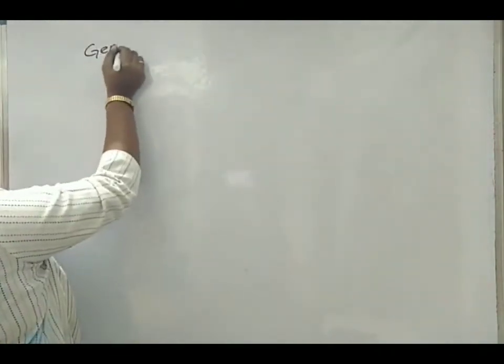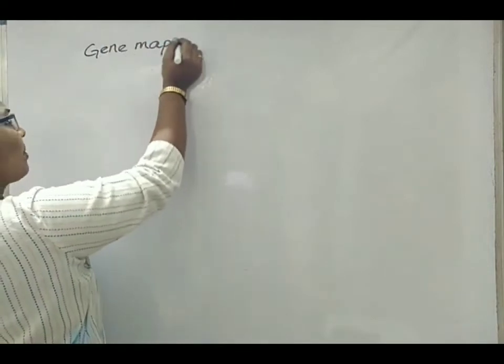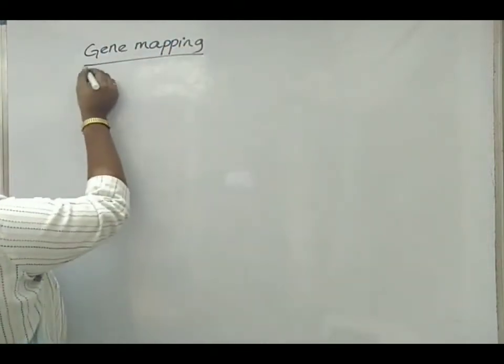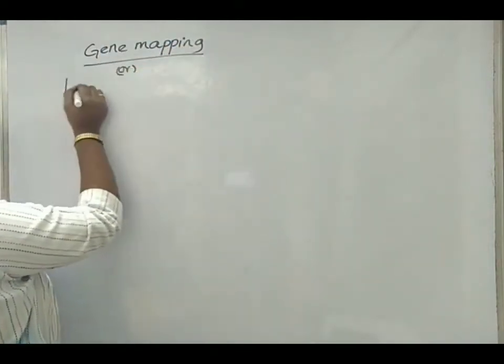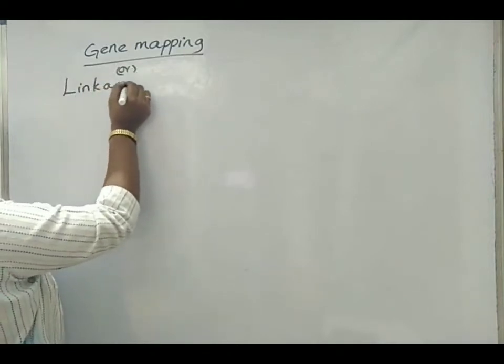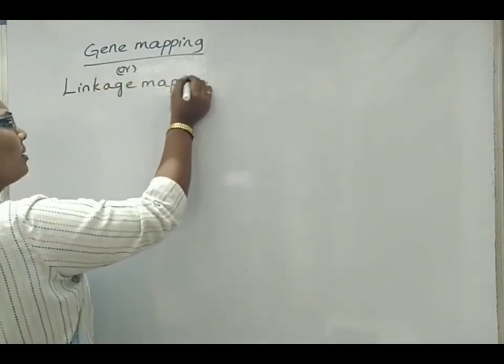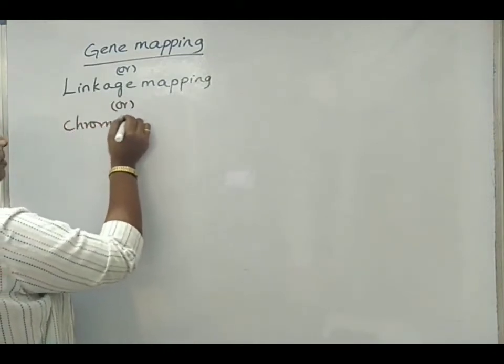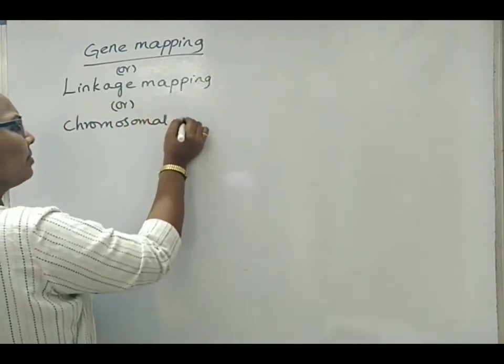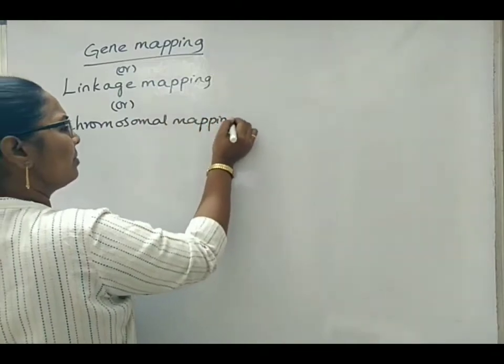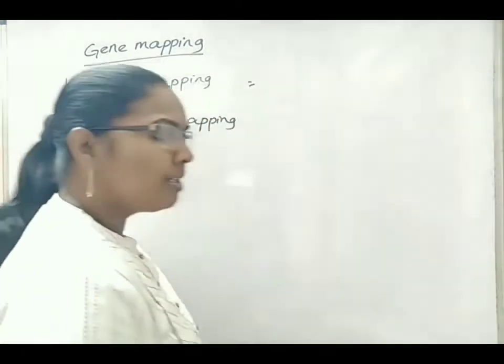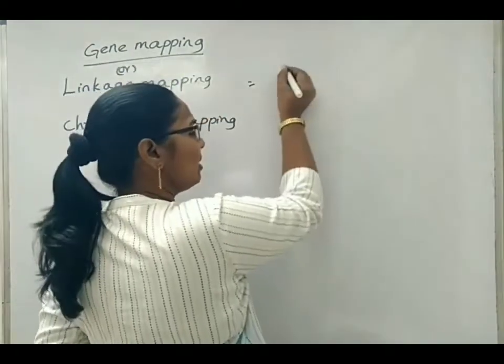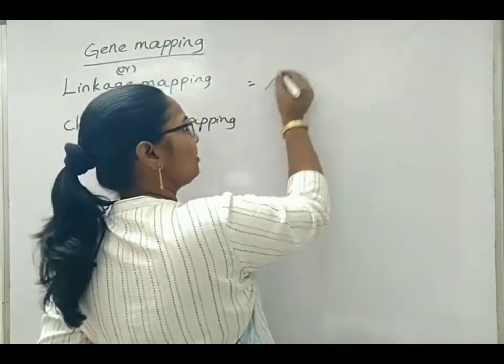Next topic is gene mapping. Gene mapping, also called as linkage mapping. It is also called as chromosomal mapping. Gene mapping is given by Alfred H. Sturtevant.